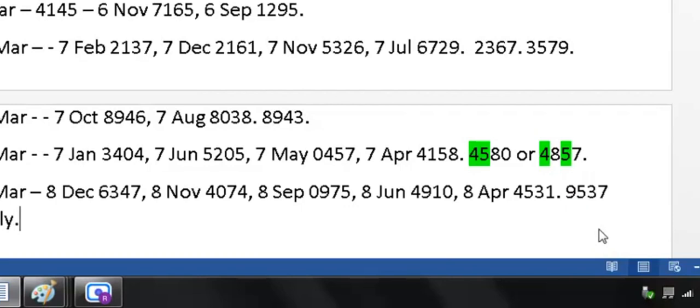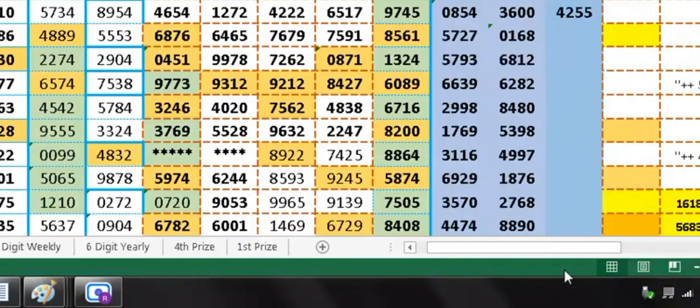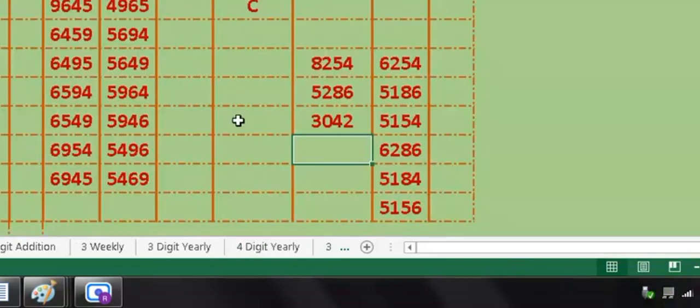So again, you can see here 9537. My suggestion would be 9532 as the final sequence forecast for tomorrow. Then you can play the different boards accordingly with these four digit combinations, and definitely you will have at least 50% success as a minimum.